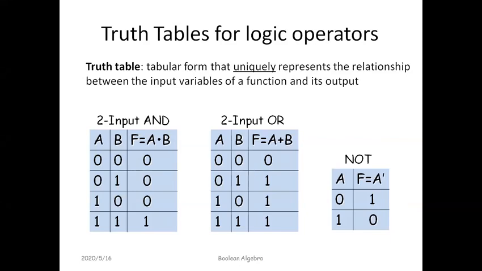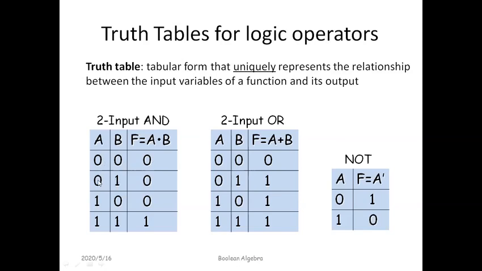Okay, let's look at the two input AND. So the two input AND behaves as shown. If the two inputs are the two switches, you think of an AND as two switches connected in series. So two switches are open, we expect nothing on the lamp.